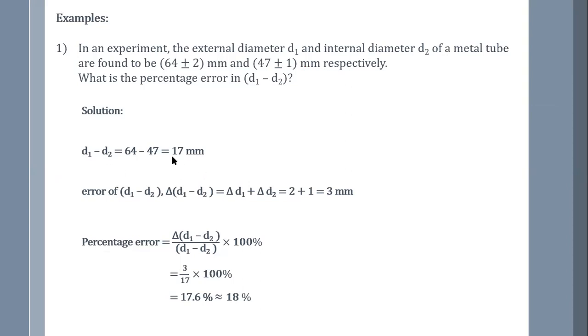So it's 17. That's your thickness T. What is the error in T? Changes of D1 plus changes of D2. So it's 3. So the answer is a thickness of 17 plus minus 3. So the percentage uncertainty is 3 over 17 times 100%, so 18% uncertainty. This is just subtraction.